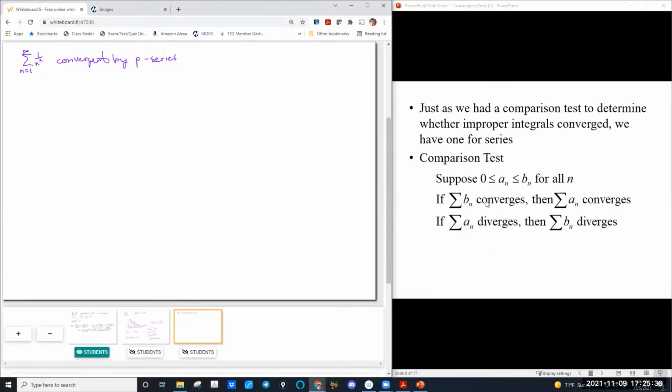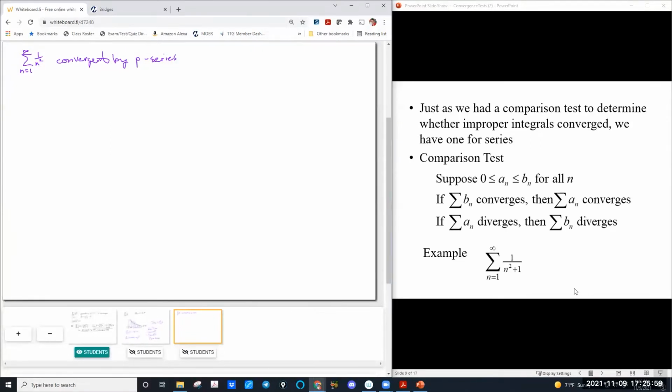If you have a convergent series and you can show that the other series is less than it, then you can test for convergence. If you have a divergent series and you can show the other series is larger, you can test for divergence. So they only work in one direction. So we do have to make sure that the hypothesis is met.